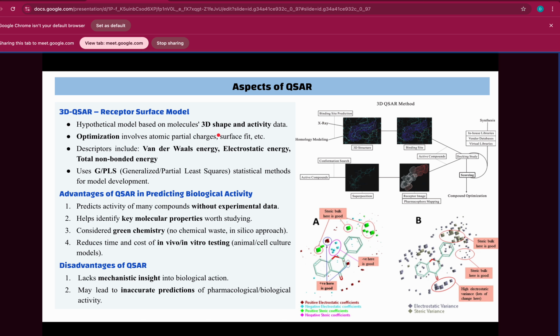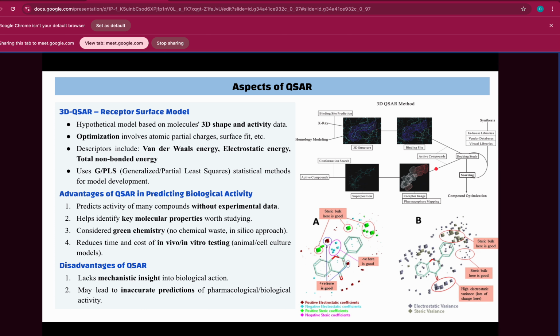The receptor is like the target protein which is going to receive the drug molecule. When its three-dimensional structure is studied, it comes under 3D QSAR, in which for that target protein we look at different energy calculations. These descriptors give information about the targets, and ultimately we can predict or design the QSAR model.